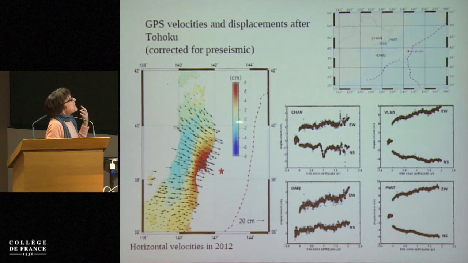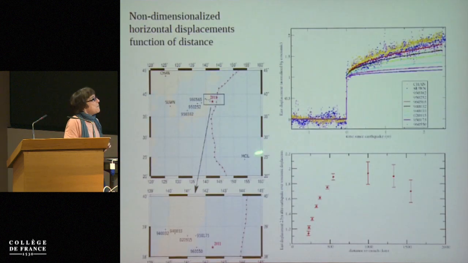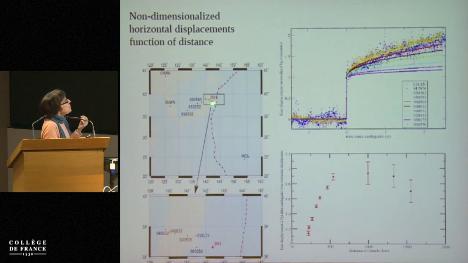So you see that you have velocity perturbations far away. Now, from this data, we can look more closely to understand, for example, how those deformations vary with distance to the trench or to the earthquake.